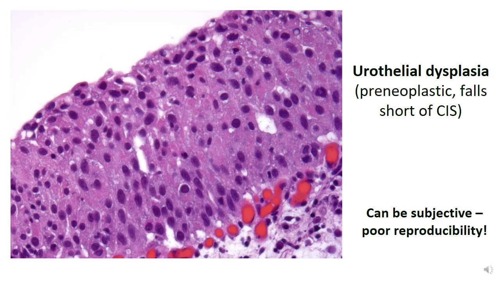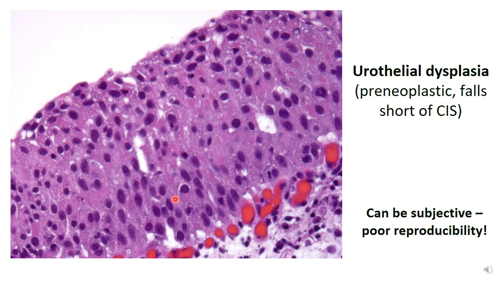Here is an example of urothelial dysplasia. In this one, you would appreciate that there is mild to moderate architectural and cytological atypia, but this atypia clearly lacks that distinct high-grade character. So this is referred to as urothelial dysplasia, which is a pre-neoplastic process that falls short of a diagnosis of flat carcinoma in situ.